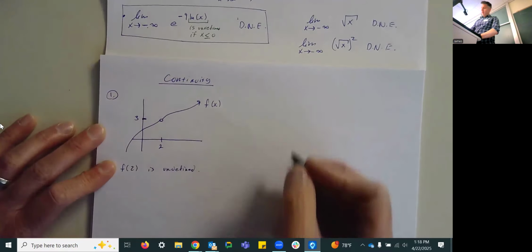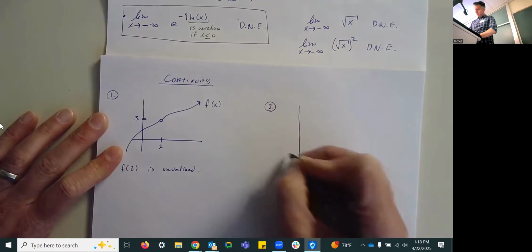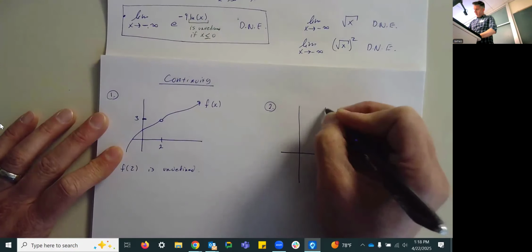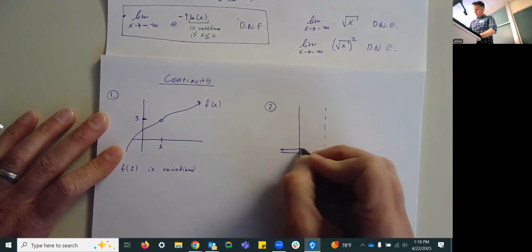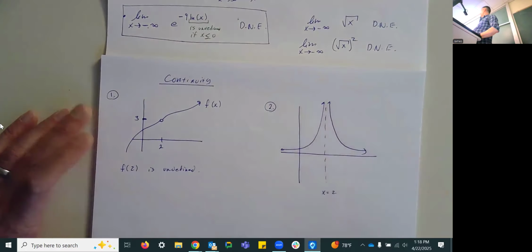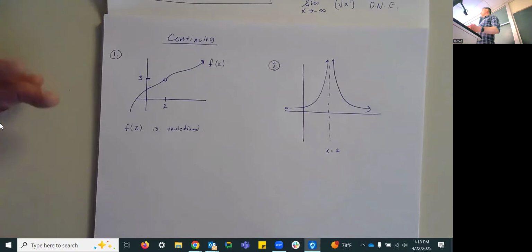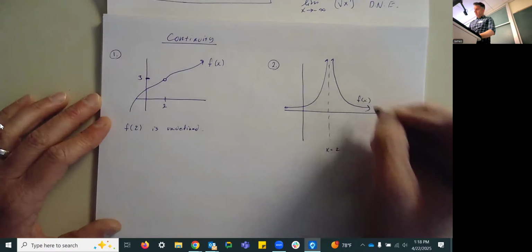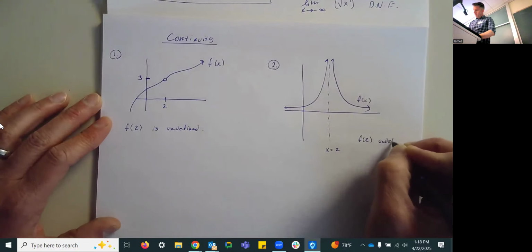Or we might have something like this, where we have a vertical asymptote at x equals 2. Here, this is also discontinuous at 2 for the same reason, in that the function is not defined at 2. We're calling this f of x. Here, f of 2 is undefined as well.